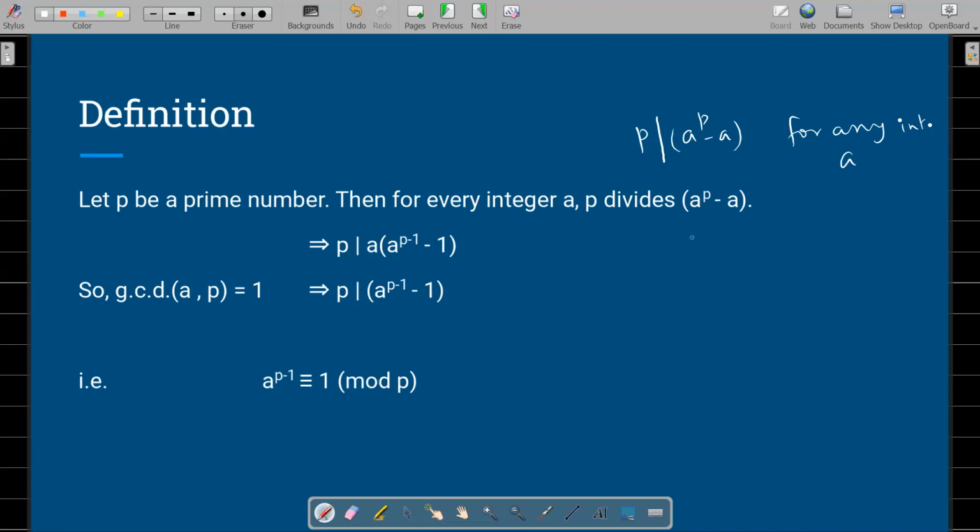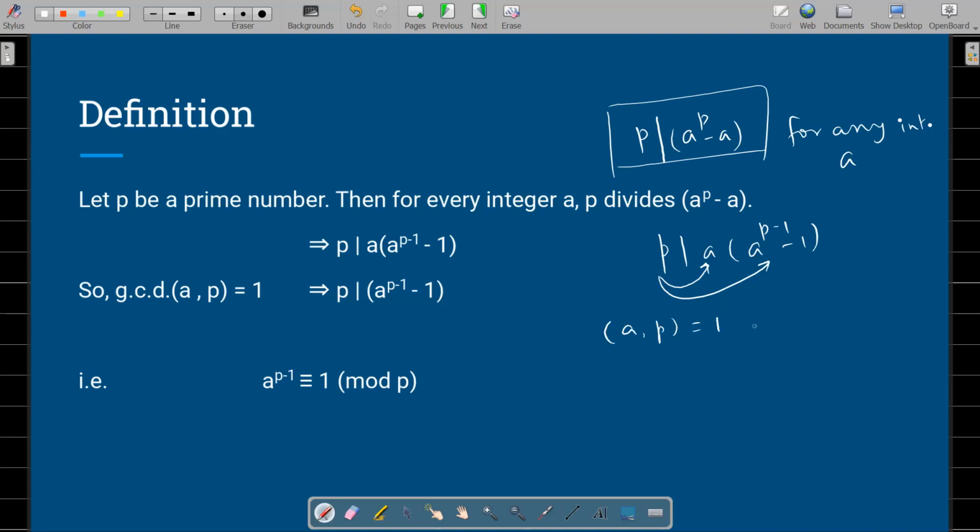Fermat stated that p divides a raised to p minus a for every integer a, and if I take a common, I get a times (a raised to p minus 1, minus 1). Because p is prime, p will either divide a or divide the other factor. If p does not divide a, then GCD of a and p is 1, and in that case p will divide a raised to p minus 1 minus 1.